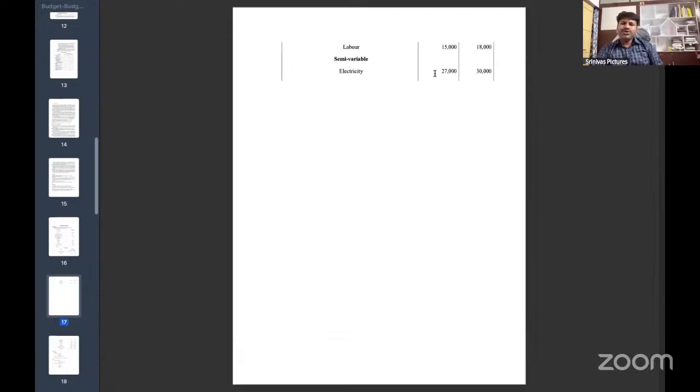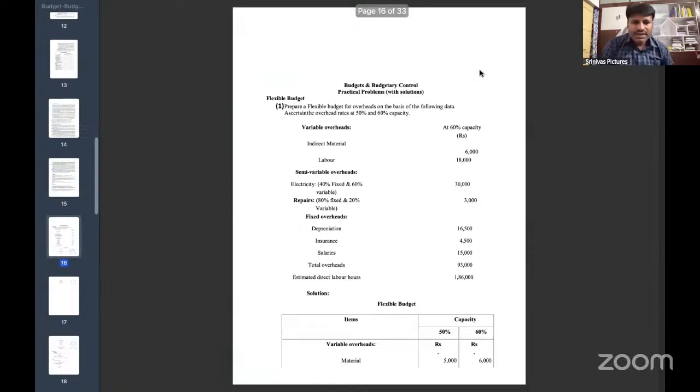Electricity. Semi-variable overheads. In this problem, they have given 30,000 for electricity at 60%. Out of this 30,000, 40% is fixed and 60% is variable. How do we calculate the variable? 30,000 into 60 divided by 100, the zeros cancel, so 18,000.